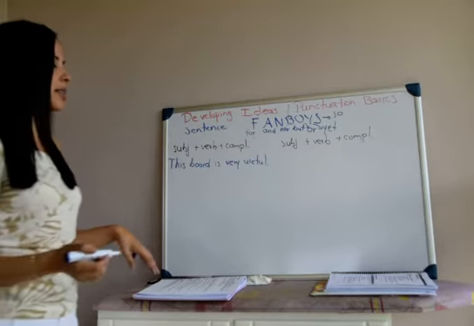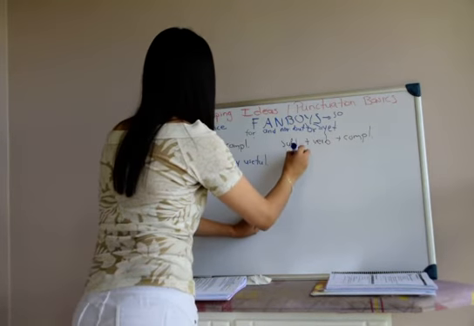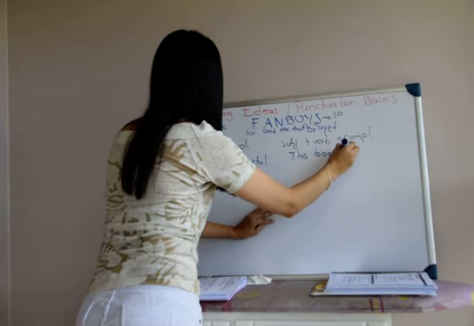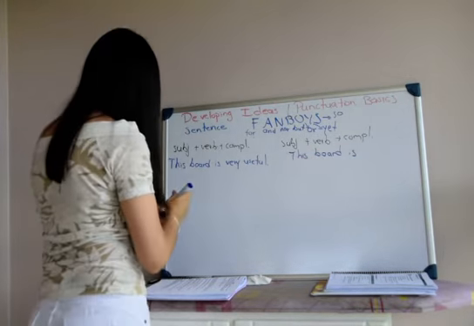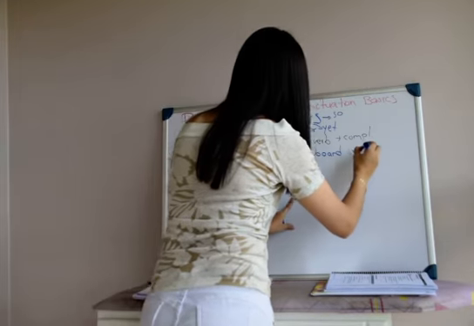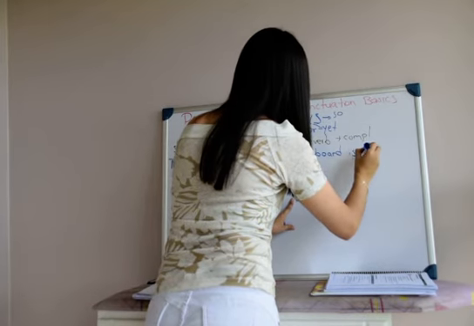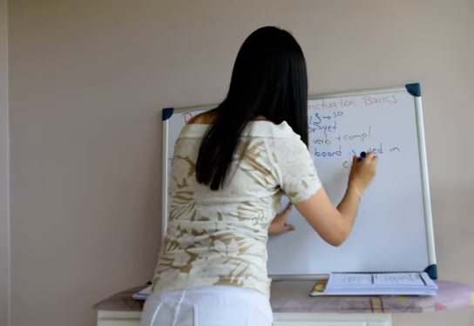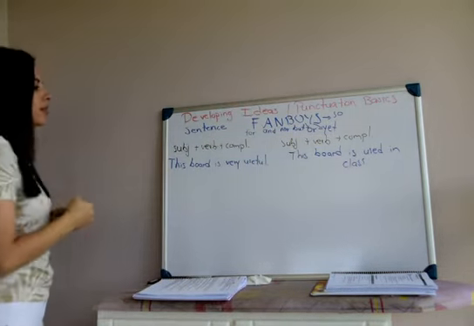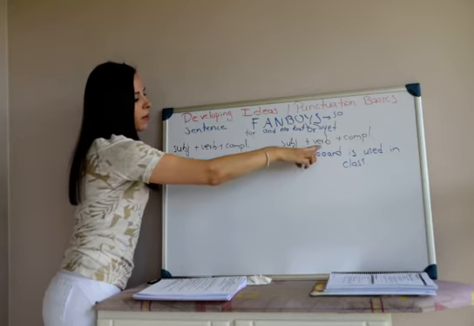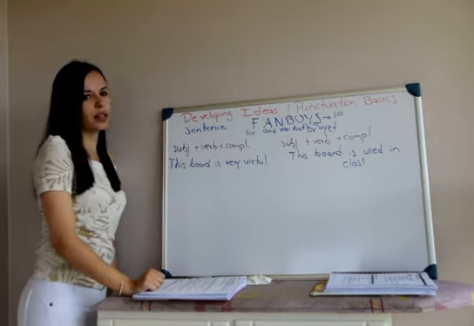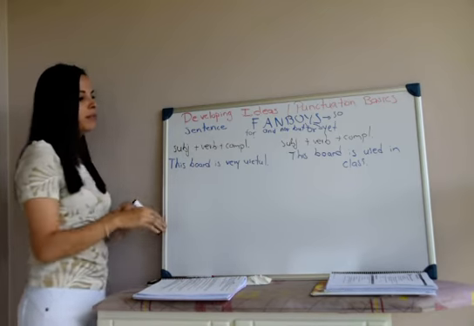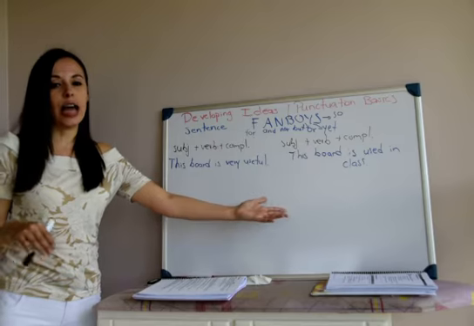Let's write a second sentence. Okay, that is the second sentence. Subject, this word. Verb is, complement, used in class. So they are very related. They are referring to the board. This is a sentence. They are just adding more information.